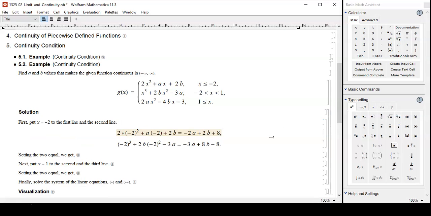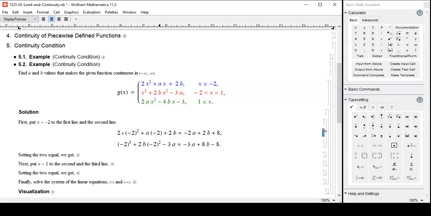Alright, put x equals -2 to the first line and also to the second line. You see, first line and second line. Excuse me, maybe I should do this. Blue, blue, red, red, green, green, all right.